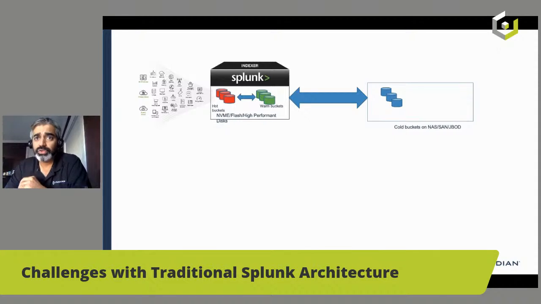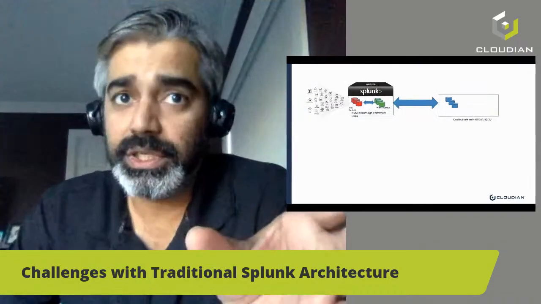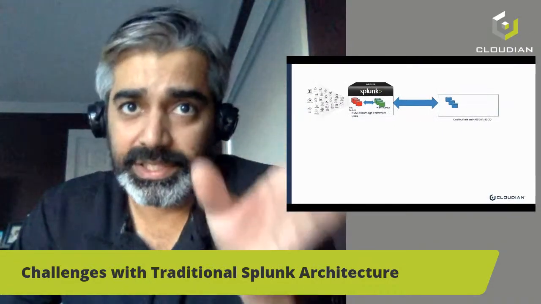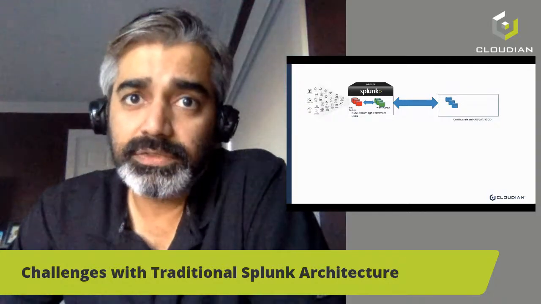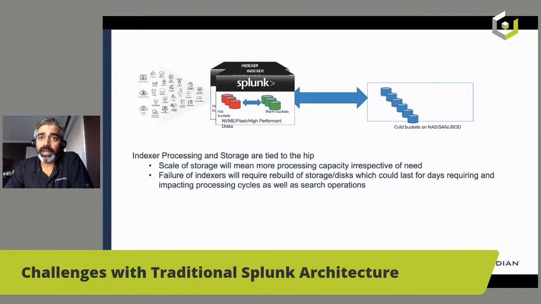Storage on the indexers themselves, the hot and warm bucket storage, is typically a performance storage tier like NVMe, flash, or high performance disk, and it is very expensive. The challenge with this approach is that indexer processing and storage are tied at the hip. The scalability of the storage is equivalent to the scalability of the indexer itself.